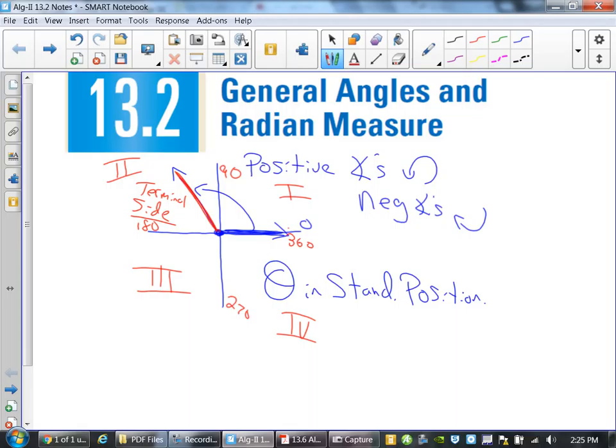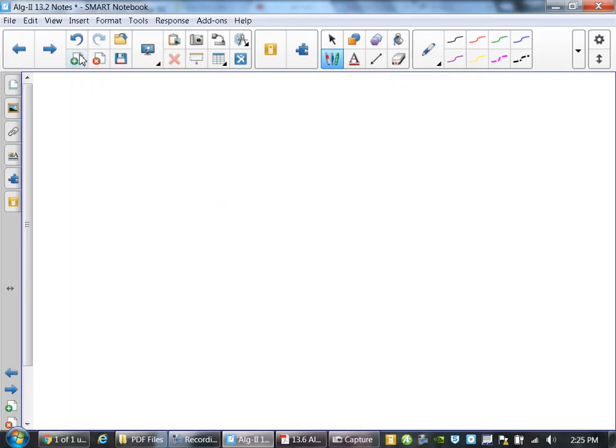So let me show you an example of drawing an angle: 225. What quadrant will 225 degrees lie in? 3. Good. So when you draw that, draw your XY axes and start at the 0 line.